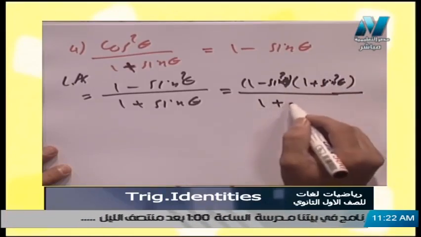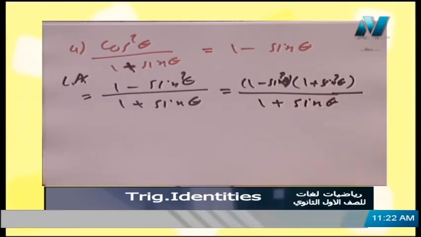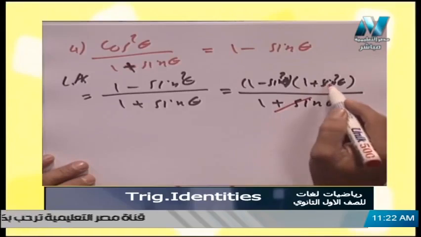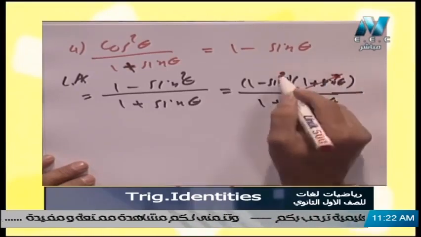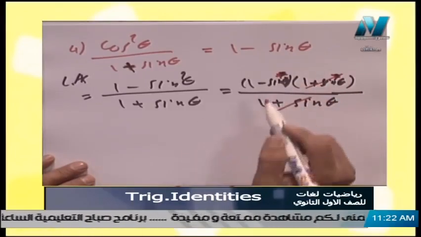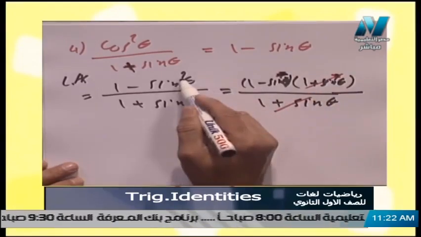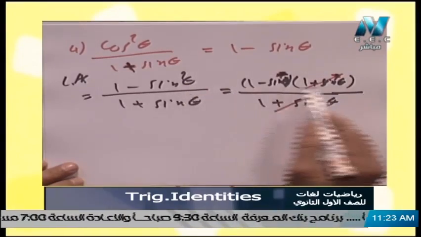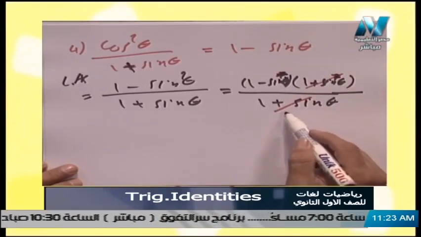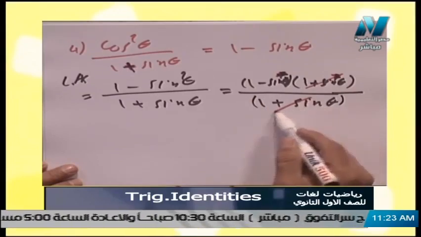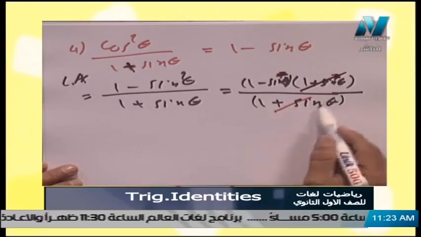and we have in the denominator here 1 plus sine theta, and we can cancel. Sorry, we have no power 2. We have just 1 minus sine theta, because sine power 2 equals sine times sine only. 1 minus sine theta multiplied by 1 plus sine theta, and we will cancel this part with this part, because 1 plus sine over 1 plus sine equals 1.